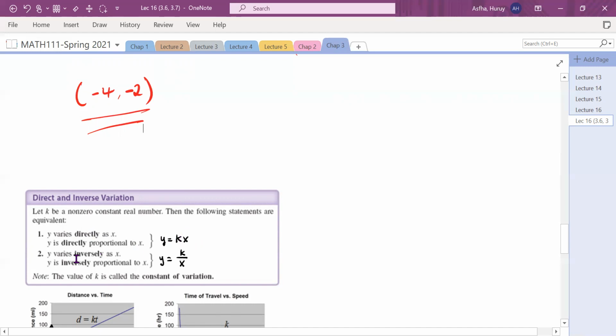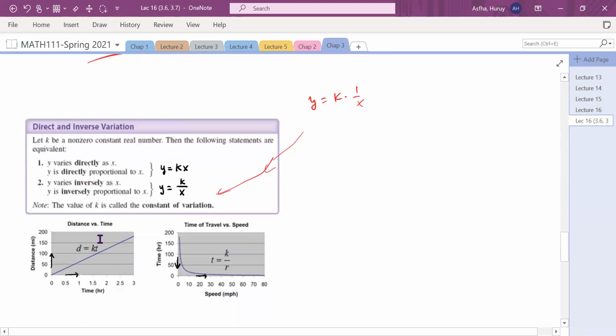And the other one is the inverse relationship. If we know y varies inversely as x, then we can write y equals k over x, or y equals k times 1 over x, which is the same thing. And this is the same as saying y is inversely proportional to x.